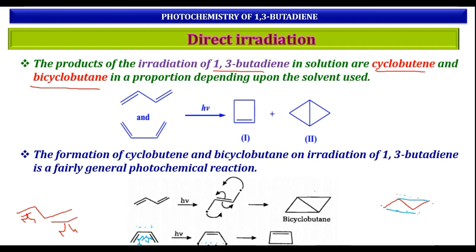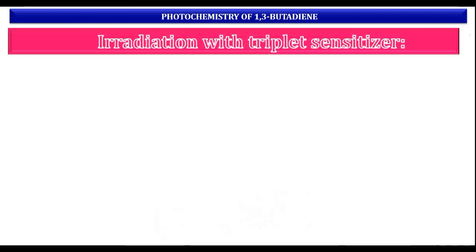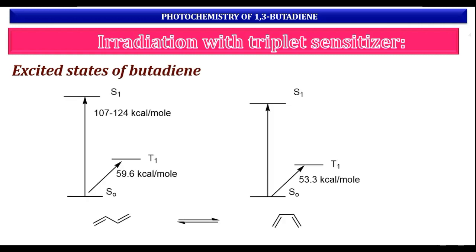So friends, now irradiation with the triplet sensitizer. Before going to discuss this concept, let's discuss the excited states of 1,3-butadiene. So here the singlet energy states are not important, you focus on the triplet energy state.